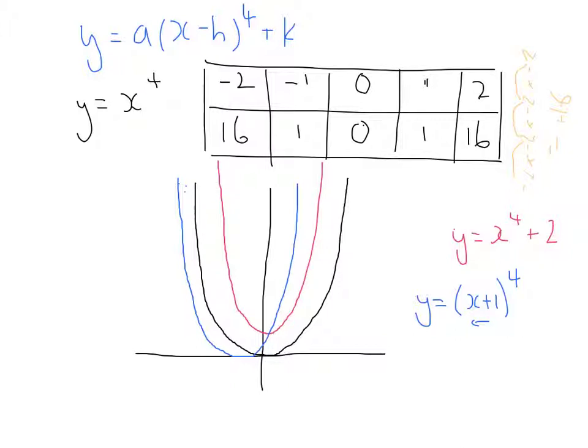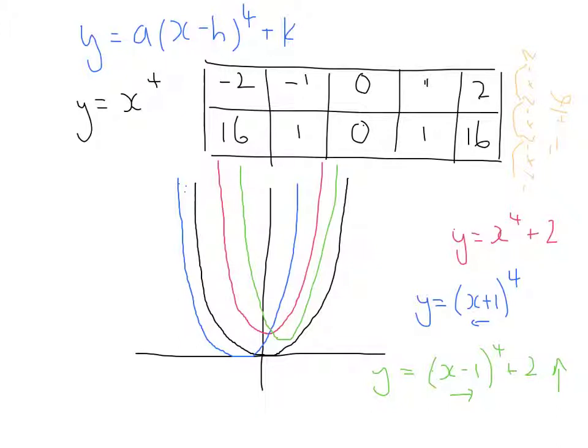And again we can have a combined rule where if we have a graph of y equals (x minus 1) to the power of 4 plus 2, then it's going to shift it to the right by 1, it's going to shift it up by 2. So go to the right by 1, up by 2, it'll be a graph that looks something a bit like this one.